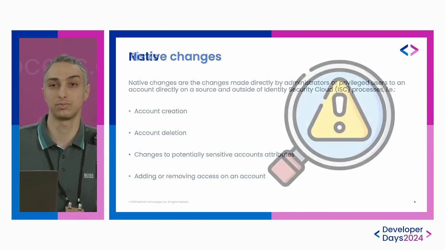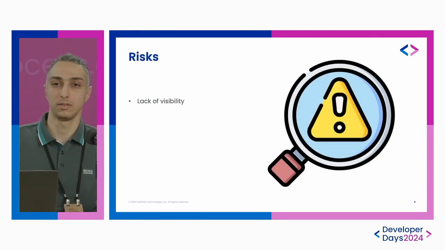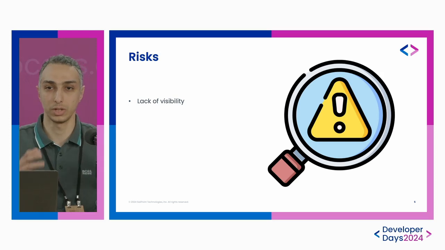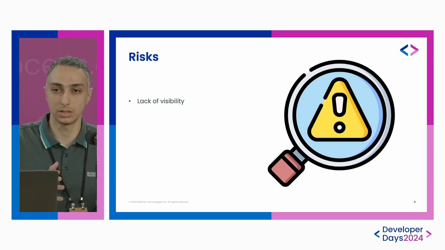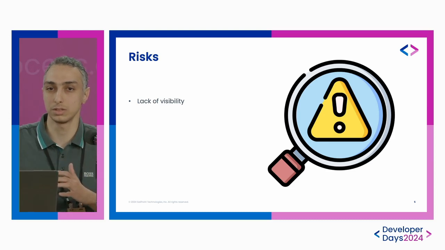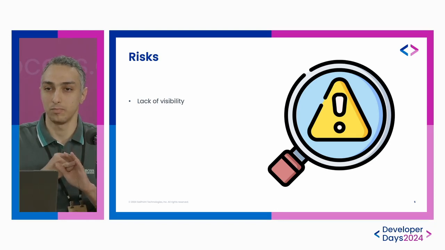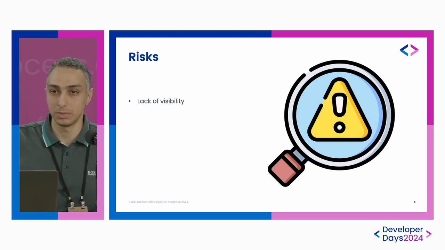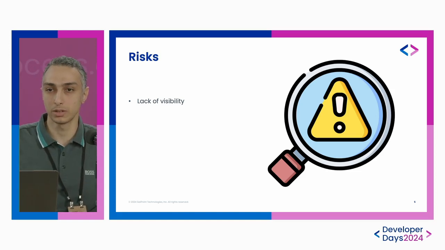So what kind of risks could we face? First, we will lose some visibility. Whatever we are trying to control in our Identity Security Cloud is not equivalent to what is in the native system. So we have a compliance issue. Maybe some privileged access has been elevated, we don't know, so we are losing visibility.